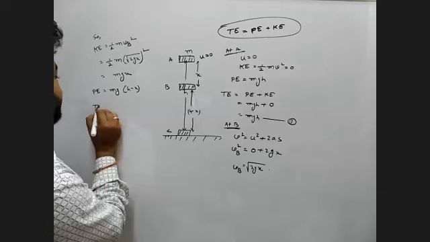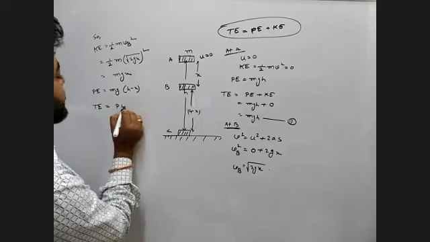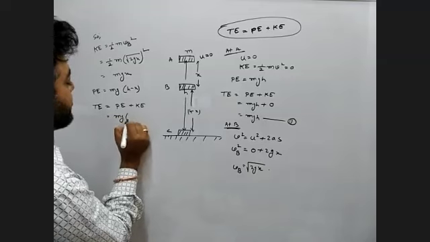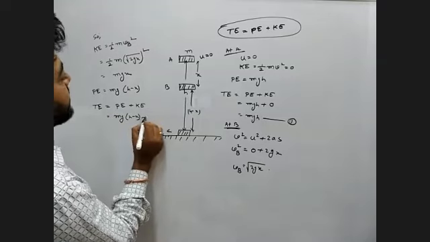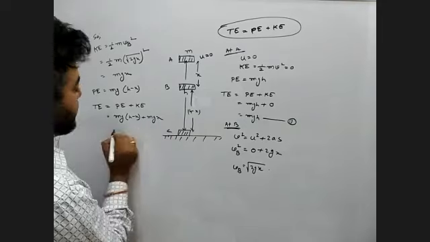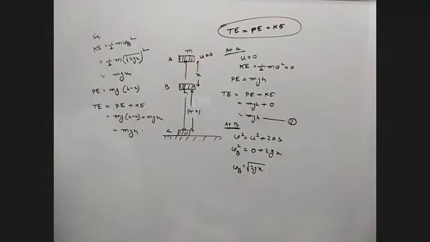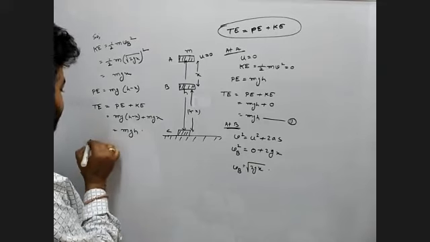So total energy, potential energy plus kinetic energy, is mg(h minus x) plus mgx, that is mgh. Is it clear? Okay, so this is at B, total energy.